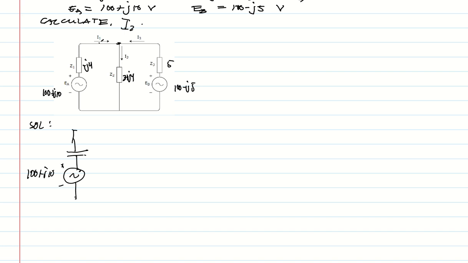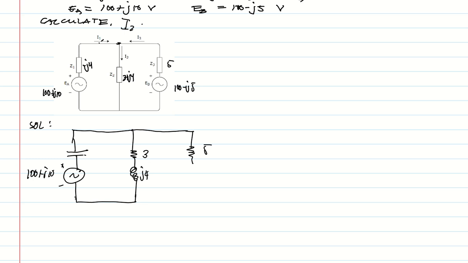Then in the middle, we have 3 plus J4, so we have a resistor, that's 3, then plus J4, an inductive reactance or inductor, positive J4. And for the right side, we have a pure resistive, which is equal to 5. And we remove EB. If it has an internal impedance, we replace it with the internal impedance.